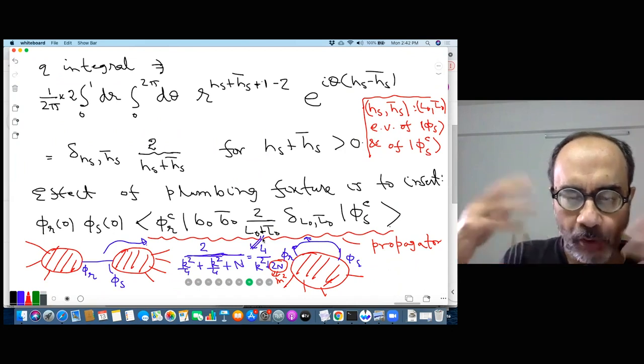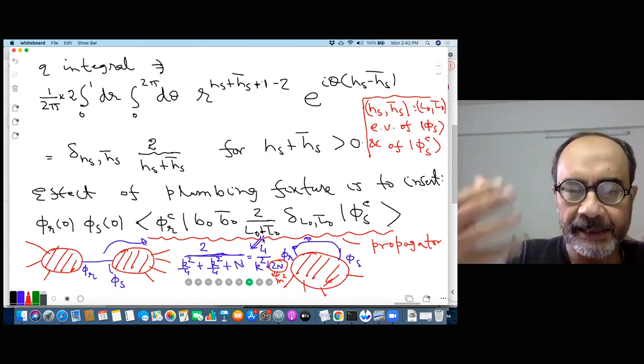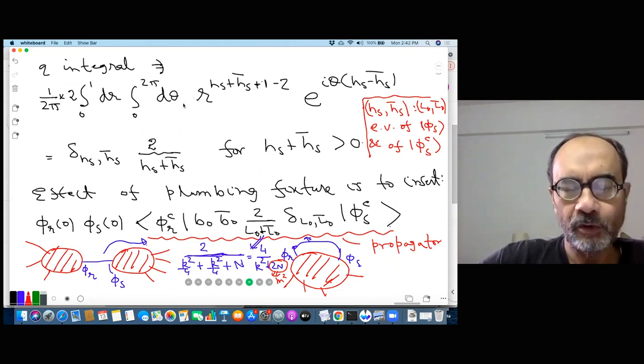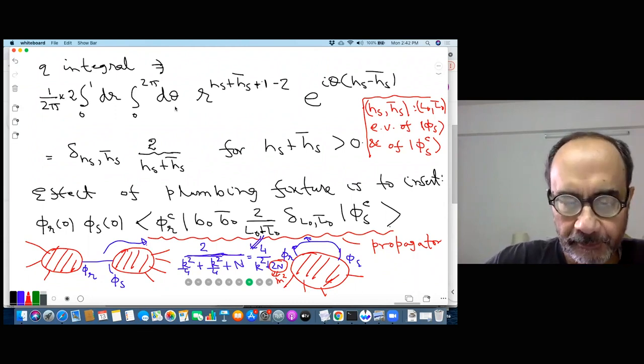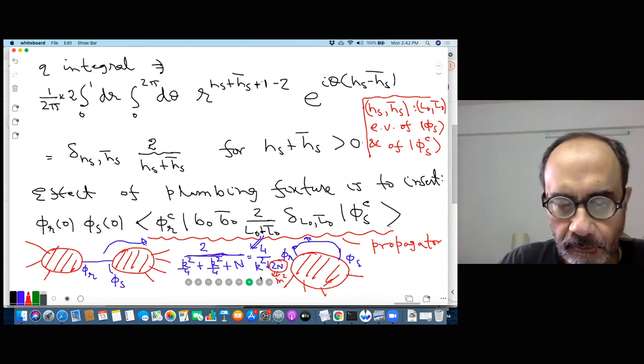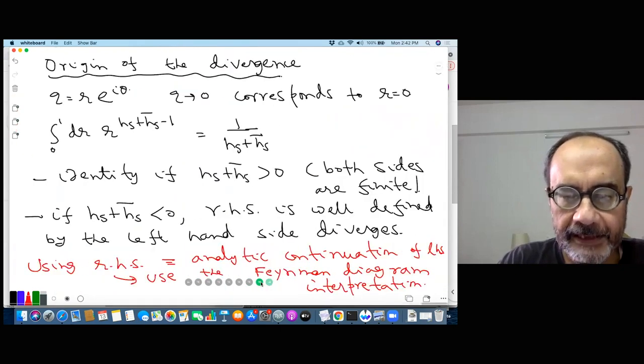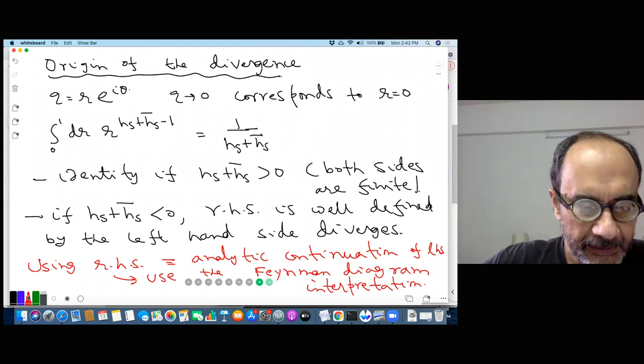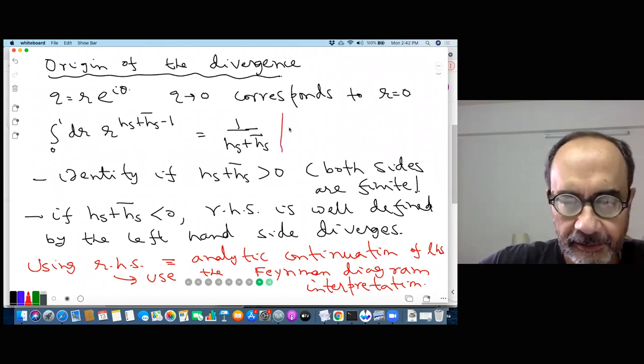It just so happens that if you re-express this 1 over L0 plus L0 bar as an integral, and that's the Schwinger parametrization, then you run into apparent divergence whenever L0 plus L0 bar is negative. And since there is this question of Schwinger parametrization, let me just write down the precise relation.